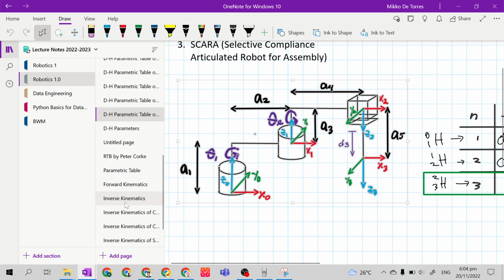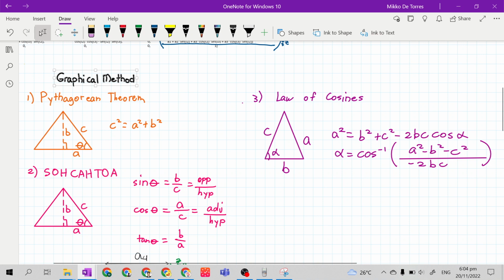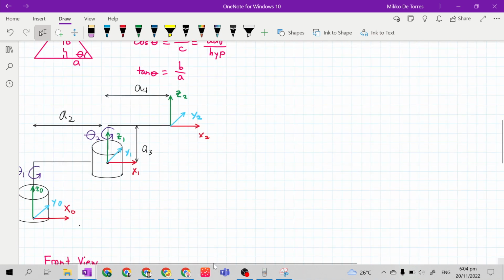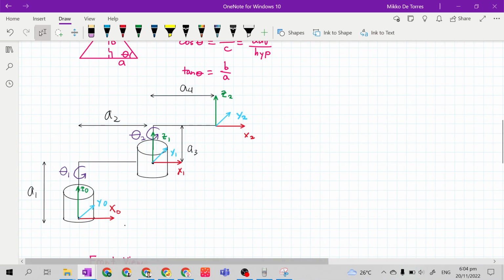And for our example in this lecture, we have a 2 degrees of freedom R&R manipulator. Okay?